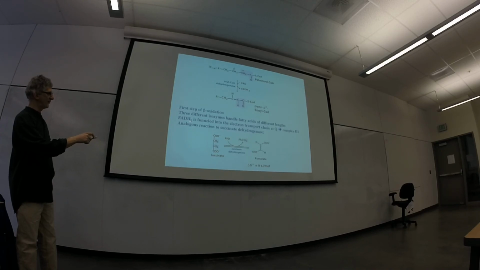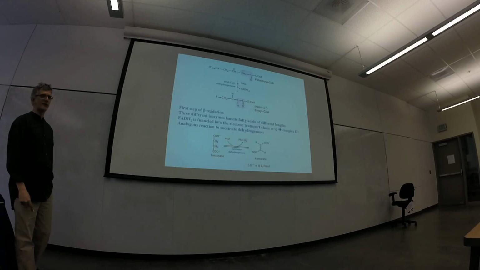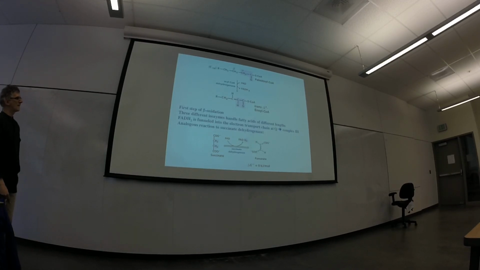But for now, enough to know that the reducing equivalents are going to go into the electron transport chain. So notice that this reaction here is highly analogous, to put it mildly, to the succinate dehydrogenase reaction here, which is the TCA cycle. TCA cycle, beta oxidation, first step. This is step 6 of the TCA cycle.